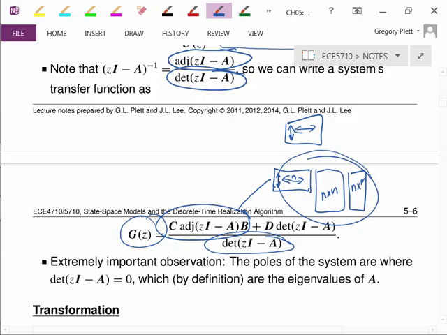If I have a single output and a single input, the C times adjoint(zI minus A) B condenses to a 1-by-1 scalar function of z, and so does the D term, so that the numerator is in fact a scalar polynomial in z, and the denominator also is. This determinant also is.